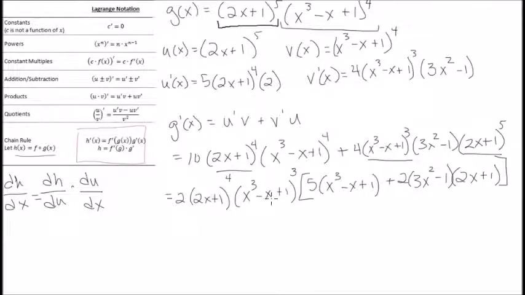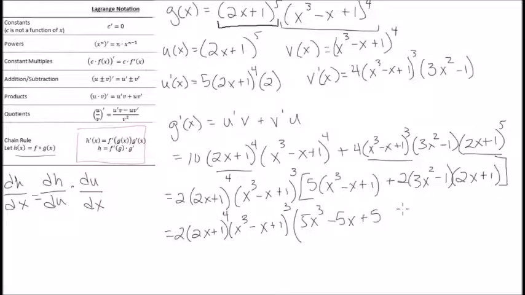Oh, so at this point, if I want to, I can actually multiply this all the way out. So I'm going to leave the first part as it is, (2x + 1), (x³ − x + 1). Both of those are raised to their powers. And now I multiply this full thing out. I get 5x³ minus 5x, distributing the 5 across, plus 5.